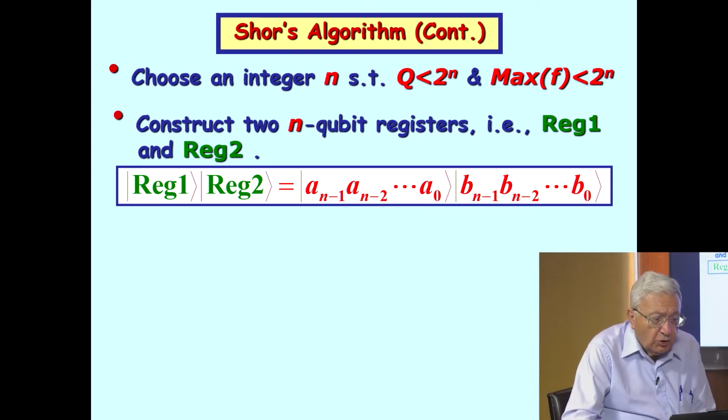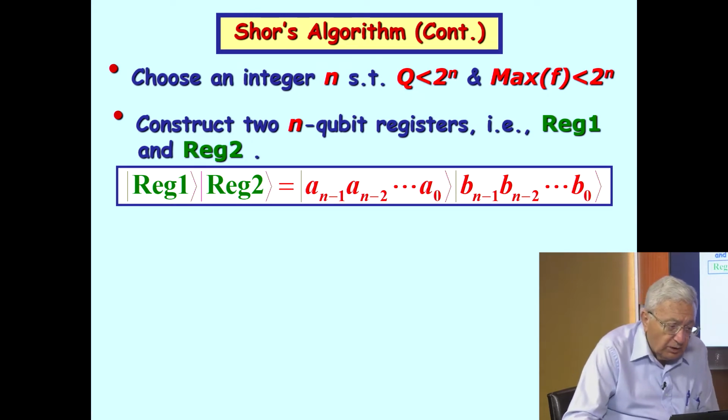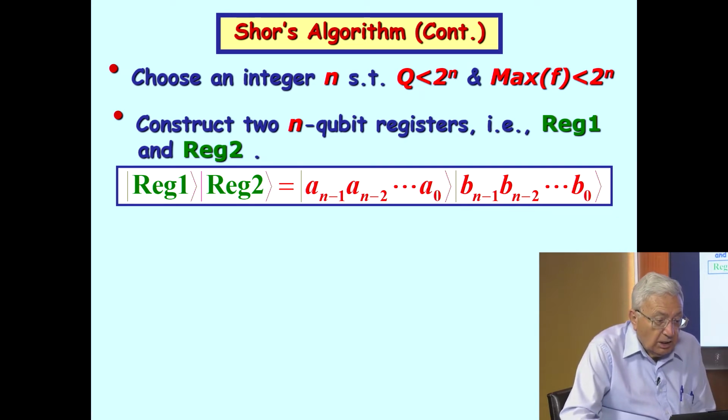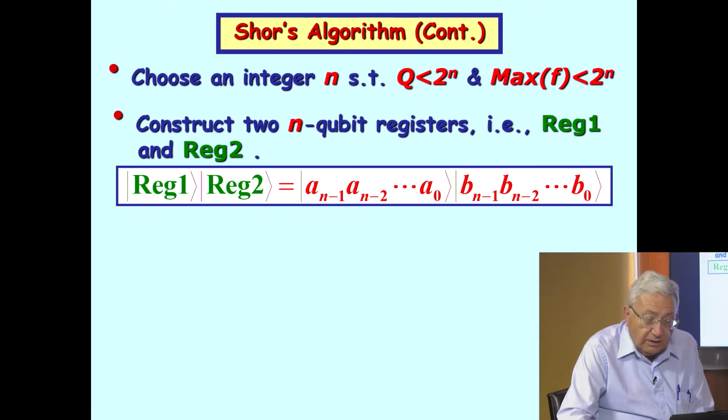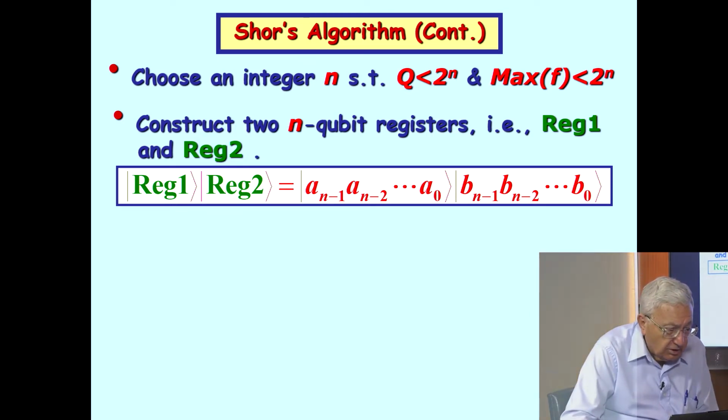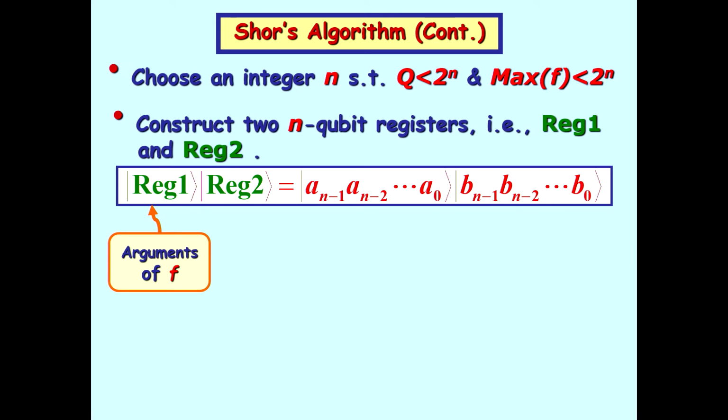Construct two n-qubit registers, register 1, register 2, left register, right register, each containing n bits. I've denoted the bits in the first by the A's and the bits in the second by the B's. The first register is constructed to hold the arguments of the function f. The second register is constructed to hold the values of the function f. This is standard procedure in representing functions in quantum computing.